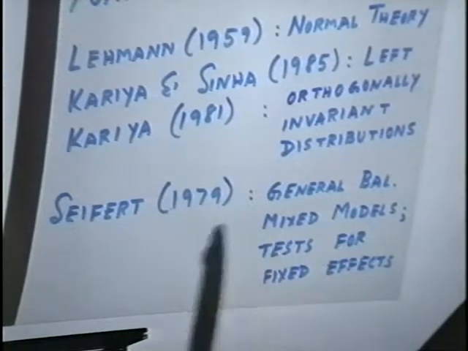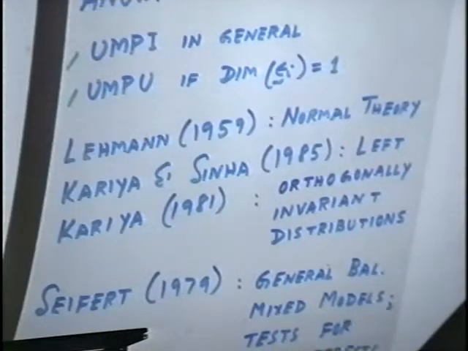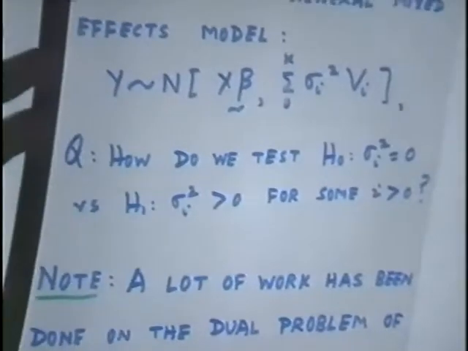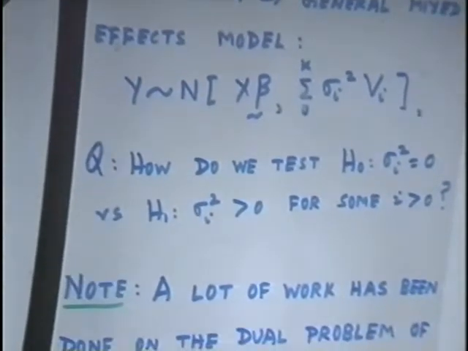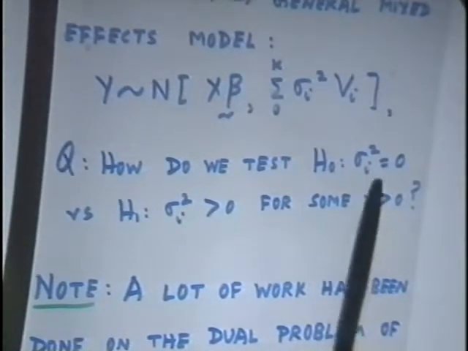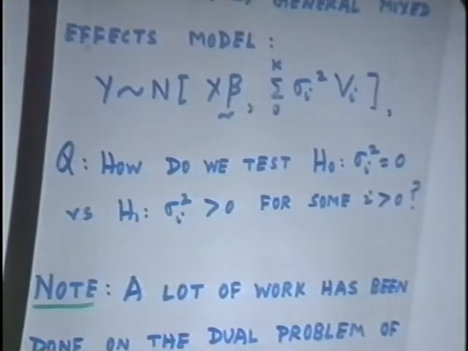The problem is to test for fixed effects, like here. We are assuming that these are fixed. All right, but of course, my problem is what happens if the epsilons are random, so that we have a mixed effects model, and this is the setup, and the question is, how do we test the null hypothesis that the ith variance component sigma i squared is 0, against the alternative that it is positive?